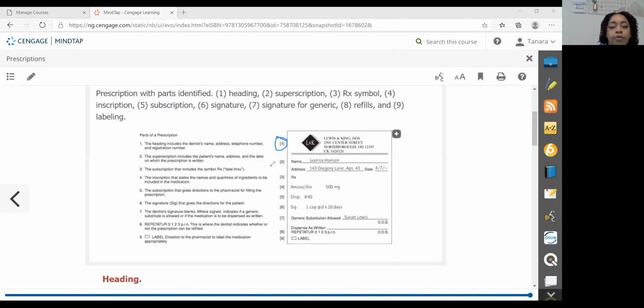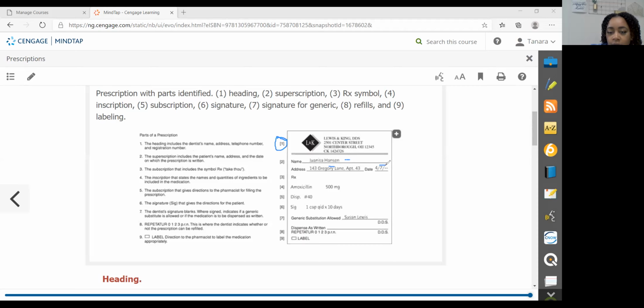Okay, then number two gets into your prescription, and it includes the patient's name, address, and the date which the prescription was written. So here's your patient's name, here's the patient's address, and here's their date of birth.